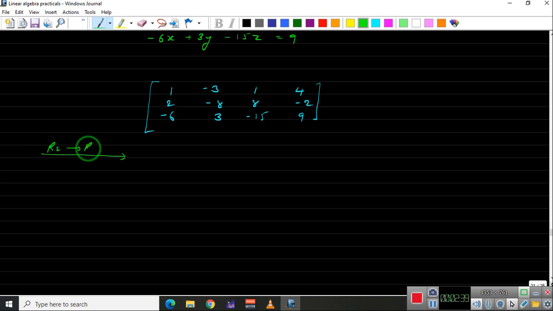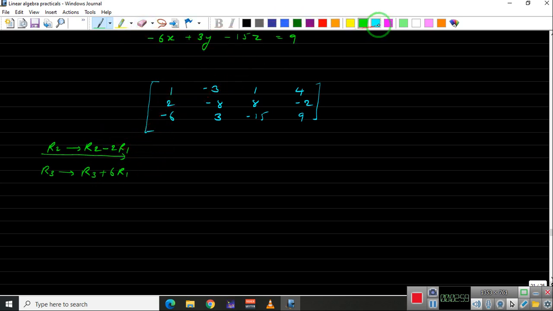R2 changes to R2 minus 2 times R1, and R3 changes to R3 plus 6 times R1. You can operate both together, but remember, use the first row itself, don't use a changed row.